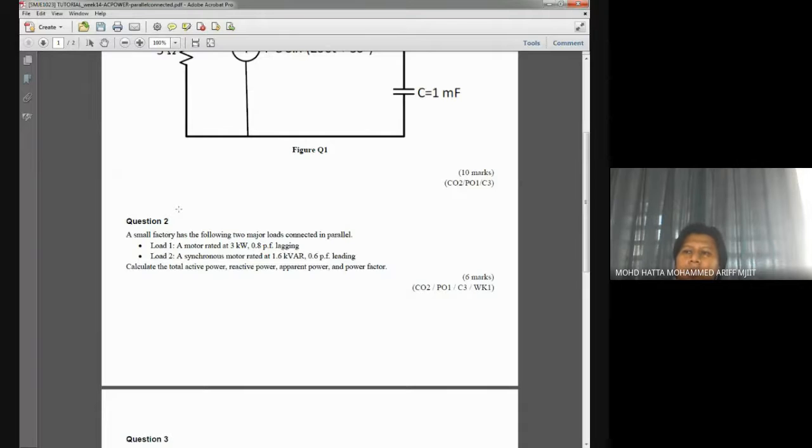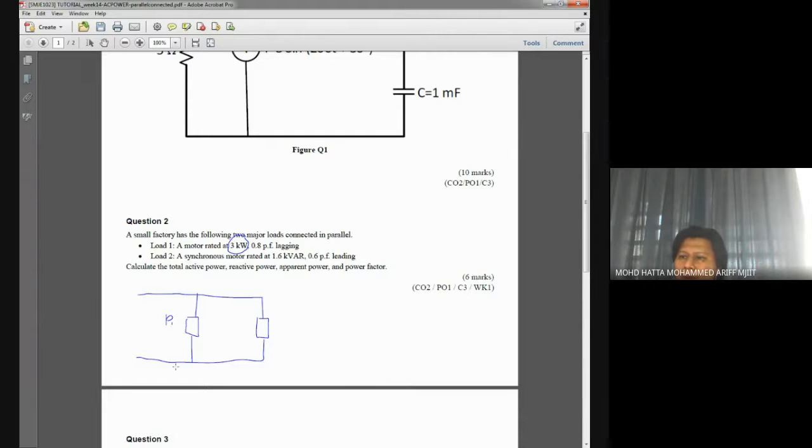The first load, we have 3 kilowatts. Okay, we have load 1. It's something which looks like this. This is the parallel connected load. The first one, we have P value, P1.